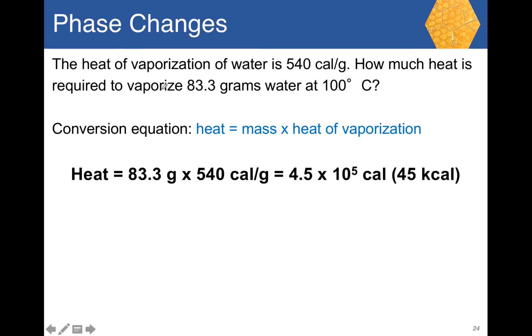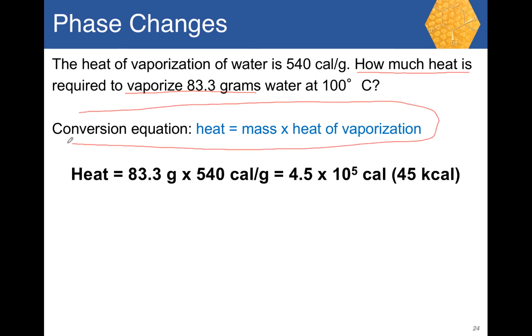Let's apply this to another example. How much heat is required to vaporize 83.3 grams of water? The conversion equation that will be given, or you should know exists, is right here. Heat is equal to mass times heat of vaporization. Very simple equation. There's two variables.